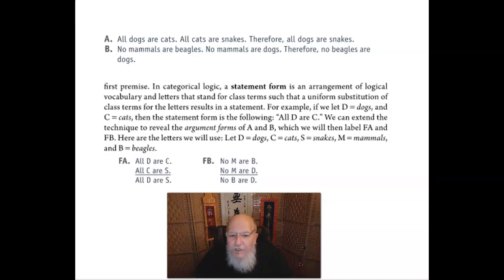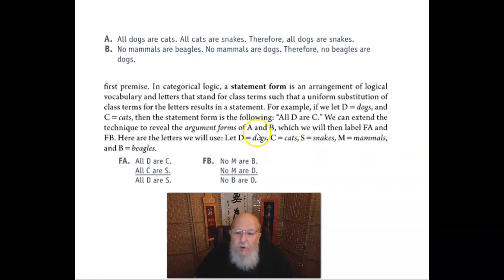all D are C. We can extend the technique to reveal the argument forms of A and B, which we will then label FA and FB, form of A and form of B. And here are the letters we will use. We can call this our dictionary, or our key.